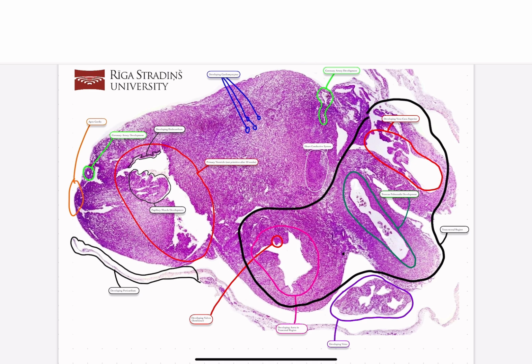So these four structures are incredibly difficult to identify and characterize under the microscope, because it's such an underdeveloped heart, and because this image that you have is very 2D, and you will not be able to see the full 3D context of the heart.